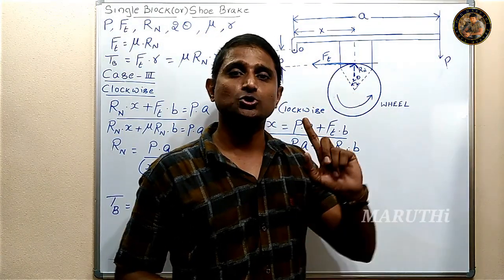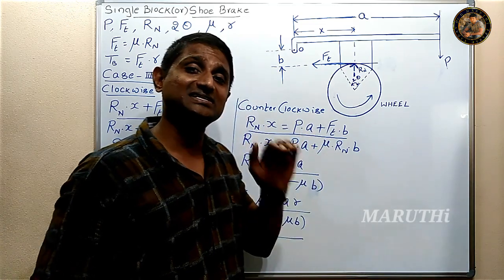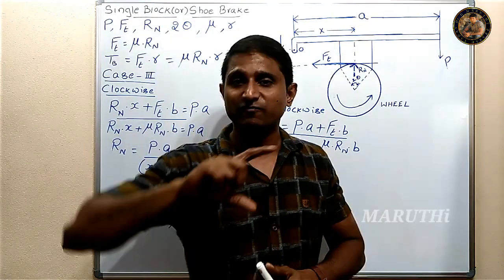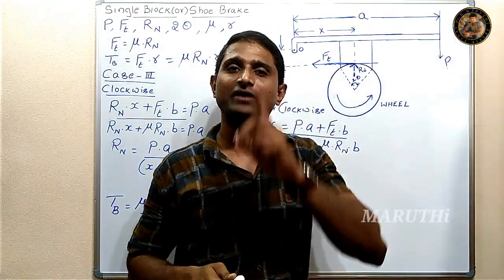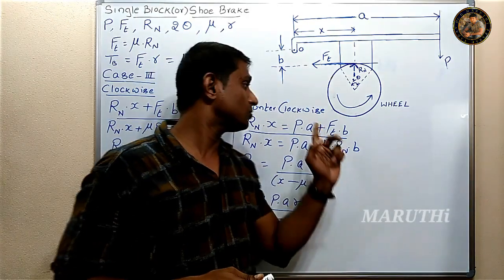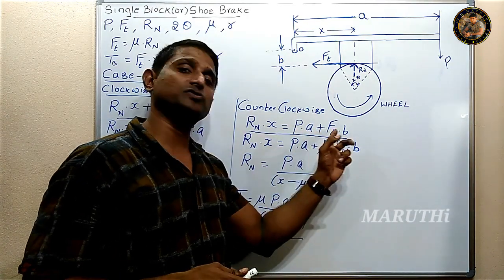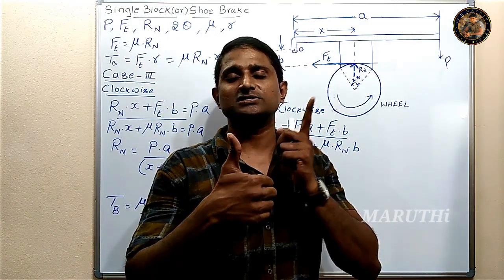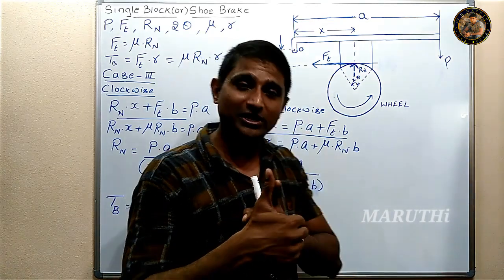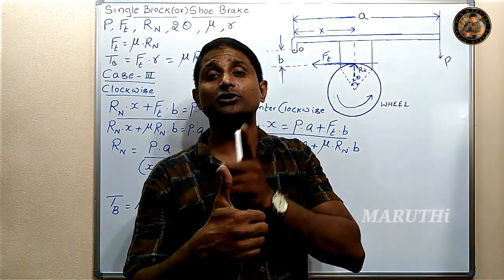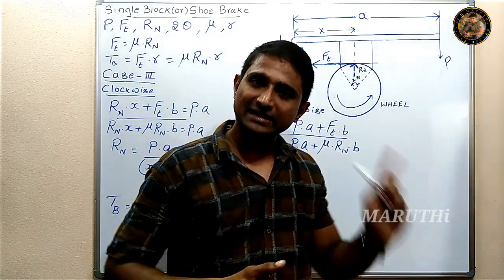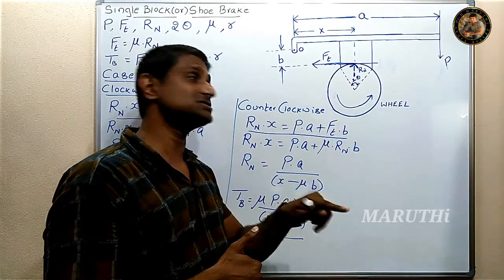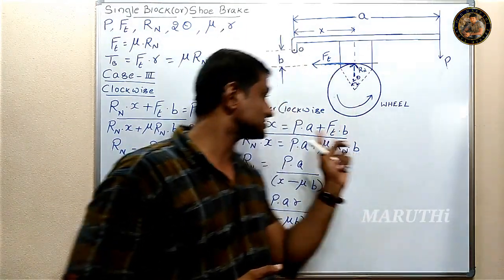In case 2, when the line of action of friction force passes through a distance above the fulcrum, if the brake drum rotates in clockwise direction, that is self-energizing. And in case 3, the line of action of friction force passes through a distance below the fulcrum and the brake drum rotates counterclockwise, both are the same, which gives the same relation.